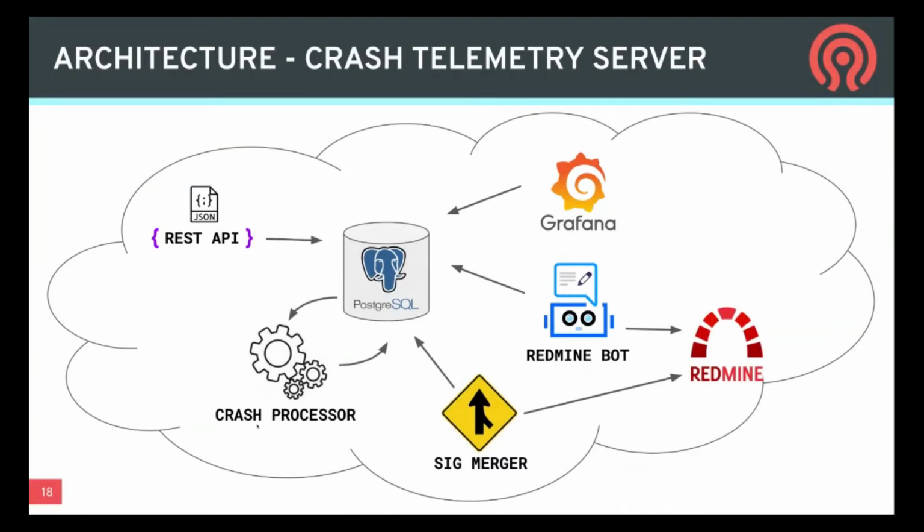Of course, the crash processor updates the database with all of the new signatures. And then the Redmine bot syncs those signatures with Redmine. And there's another component that I will not talk about today, that its essence is to improve the signature creation for the crashes. So basically, we have a better deduplication for raw reports.